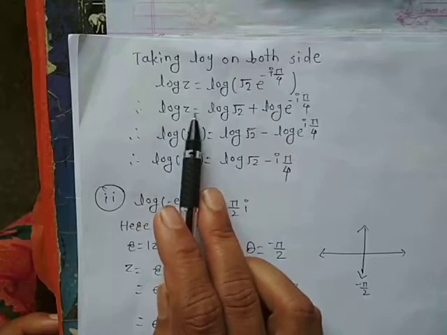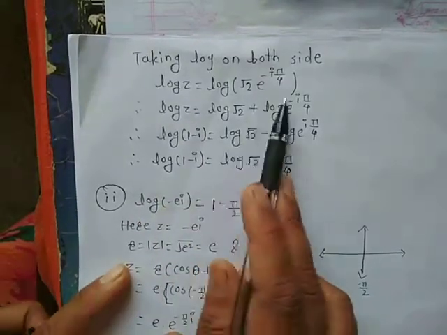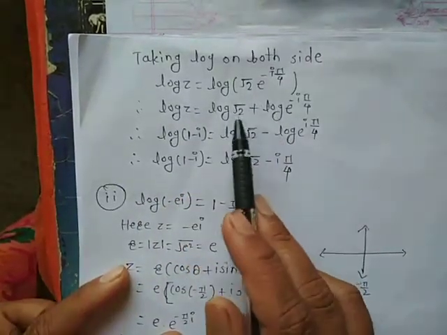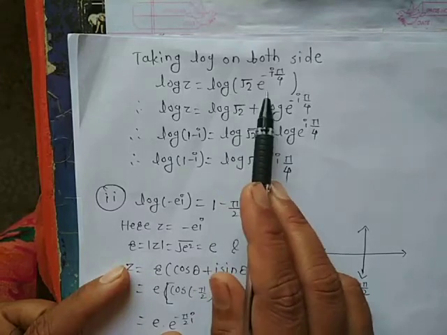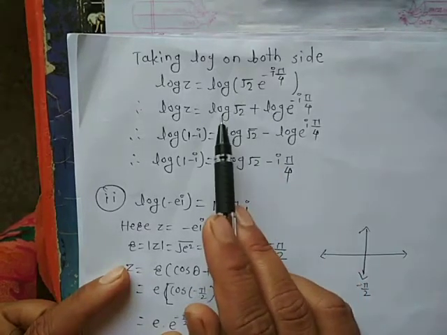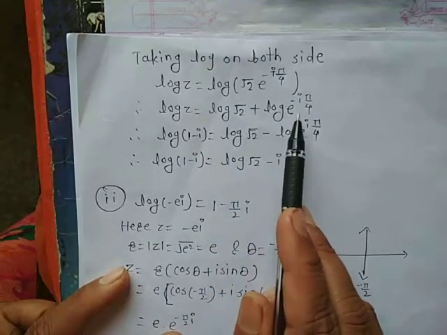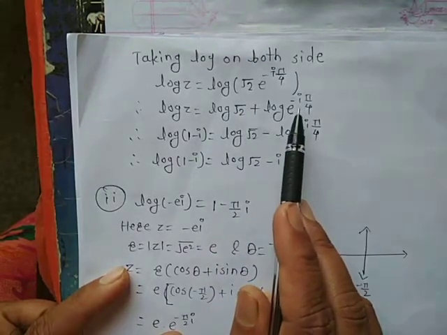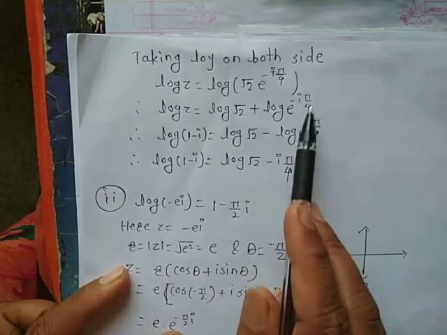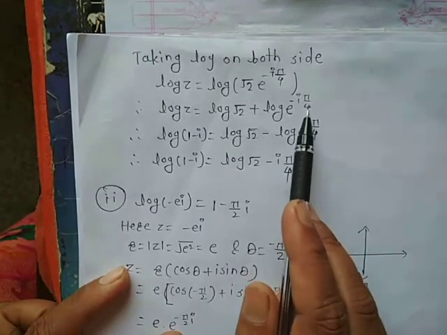Therefore, log z is equal to, use laws of logarithm, log of under root of 2 plus log of e raised to minus i pi by 4.